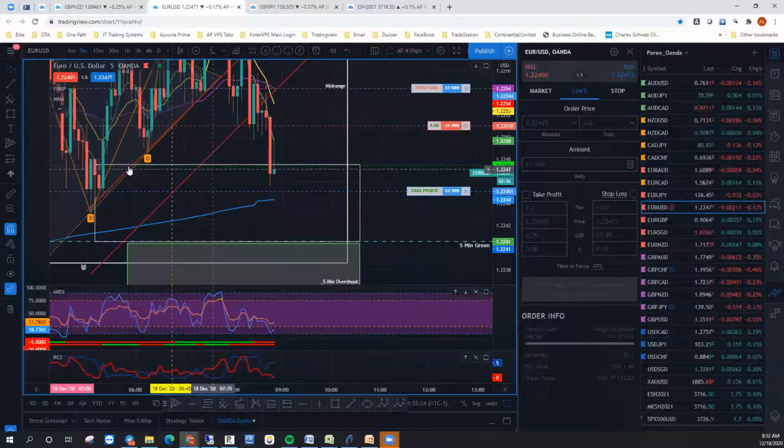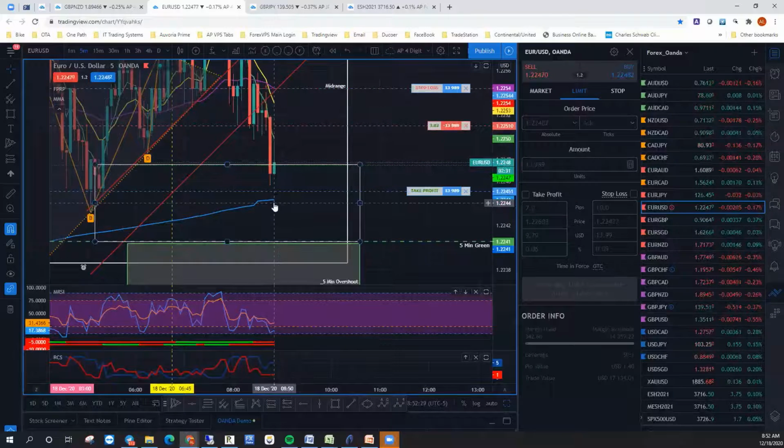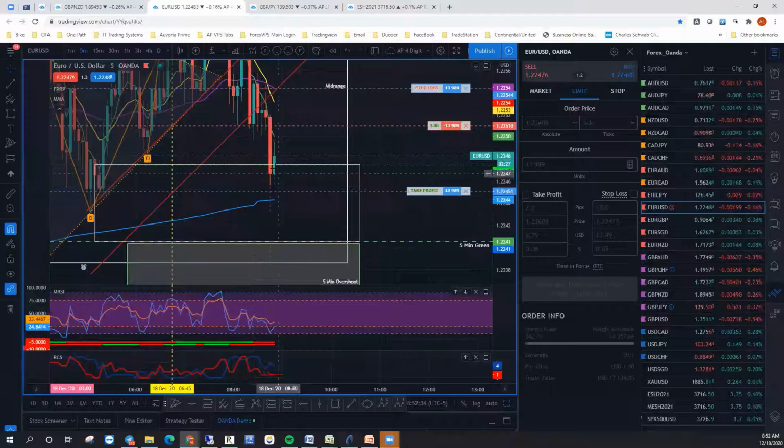Keep in mind that this is also the area that I was looking to possibly take it long. Now, the reason I took it short is because there was enough room down here to grab that 5 pips. There again, the spreads did not get me out of it.